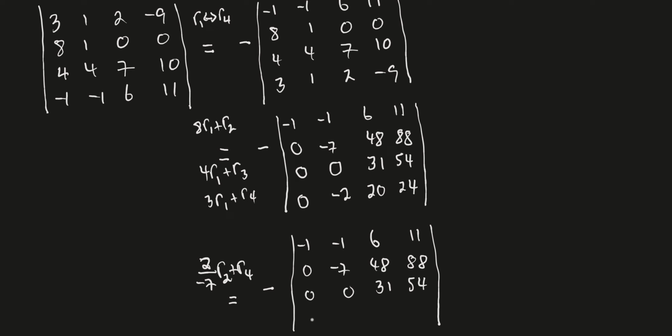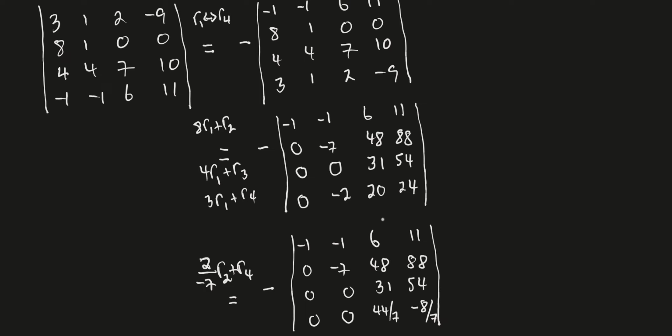Now the 4th row will change. We'll get a 0 there. And then this becomes 44 over 7. Not a really convenient number. And then this is -8/7, right? And this is what it tends to look like when you have constants that look like this, right?